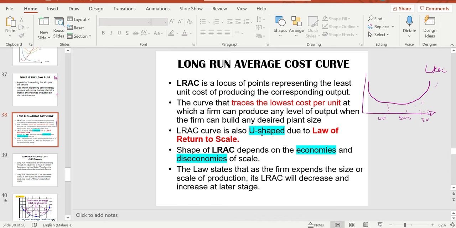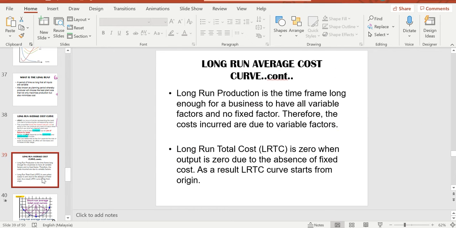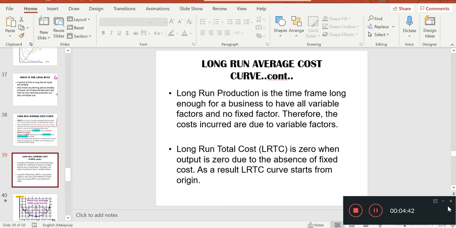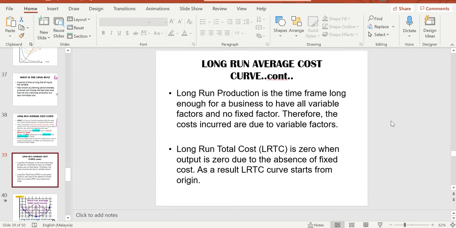Long run average cost. Okay, long run is a time frame so long for a business to have all variable input. Dia akan ada variable factors and no fixed factors, meaning that no fixed input lah, dan juga no fixed cost lah jadinya.